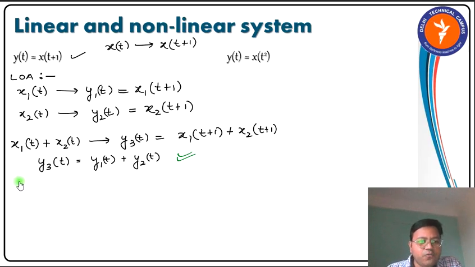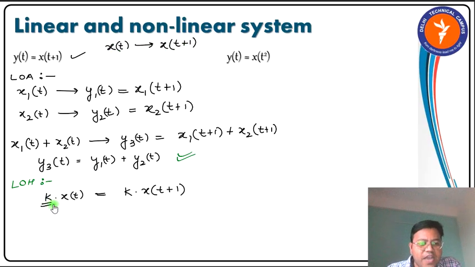Now we will check the law of homogeneity. In the law of homogeneity, I will excite the system with kx(t). Now instead of x(t), I will excite the system with kx(t), and in the output I will get k times x(t) plus 1, because the system is not changing the scaling factor of the input signal.